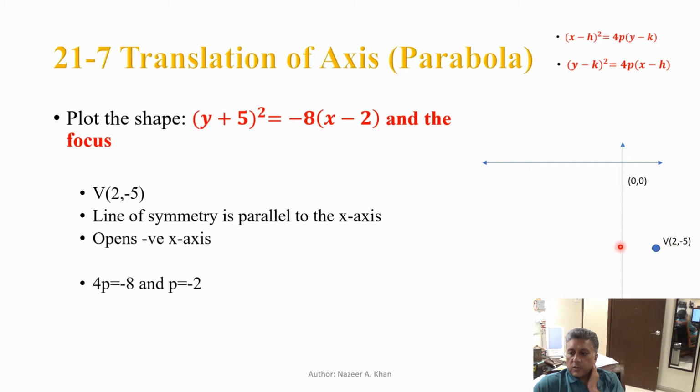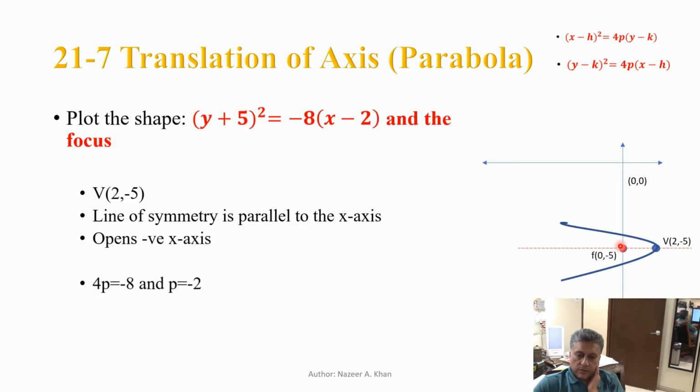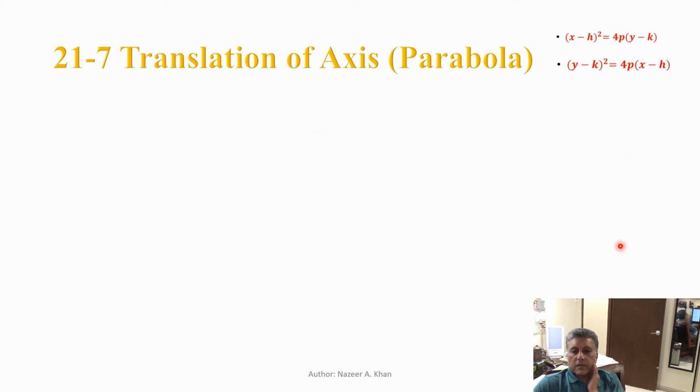It'll get 0, so it'll be 0 and minus 5 is my focus. And let's go and put in a line of symmetry, put in our focus and our parabola, and we got this one done too. Okay, and let's go to the next one.